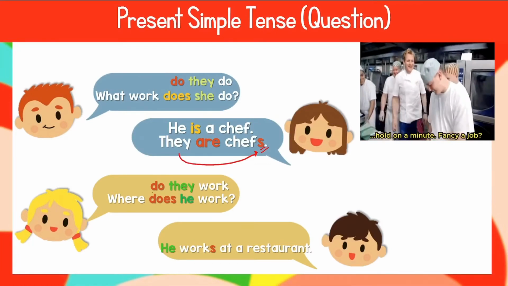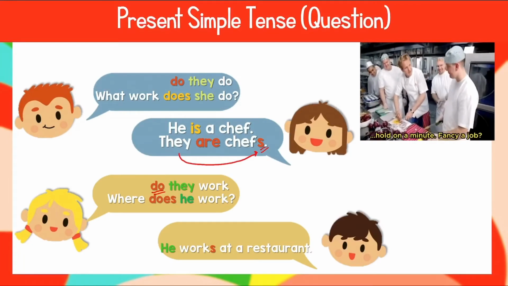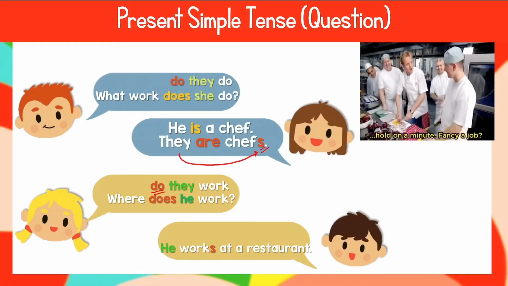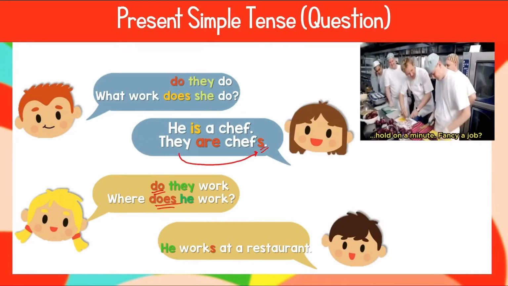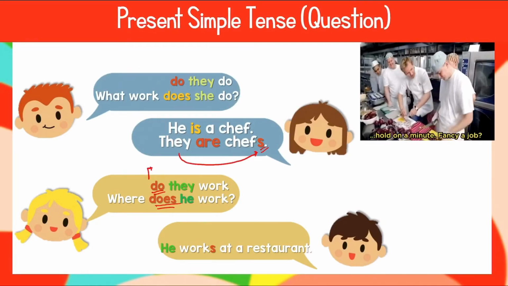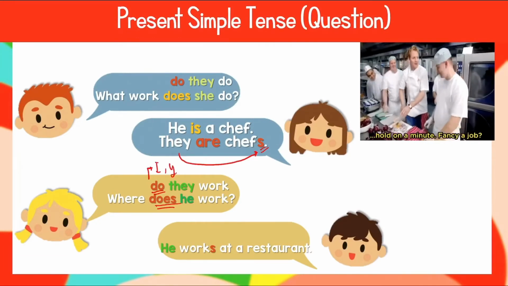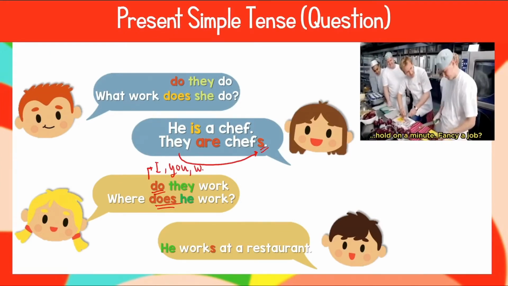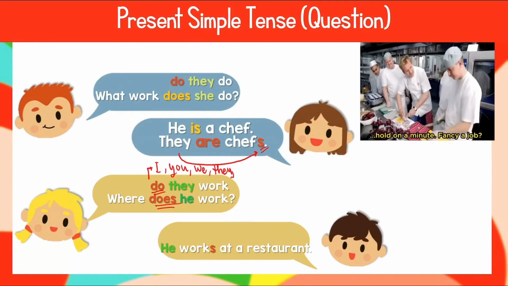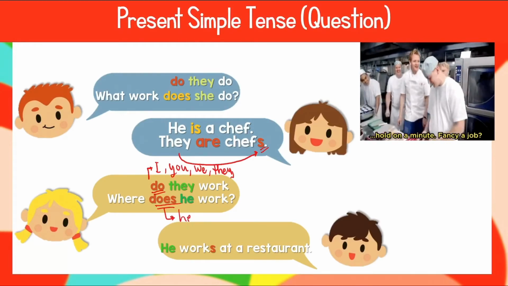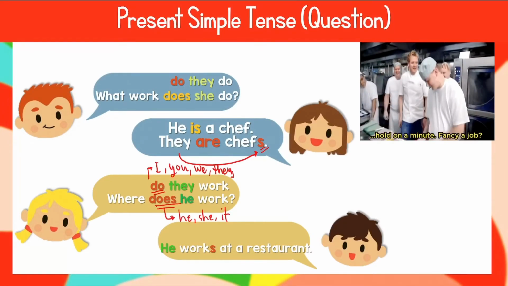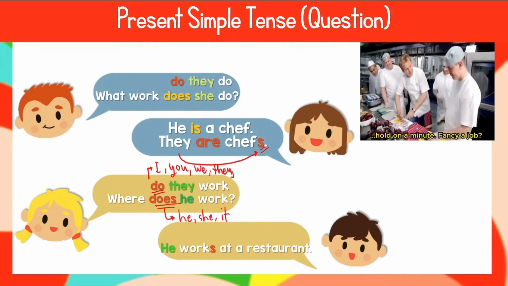We use verb do for I, you, we, they, but does for he, she, it. Okay, you can write down: do for I, you, we, they, and does for only he, she, it, for one person.